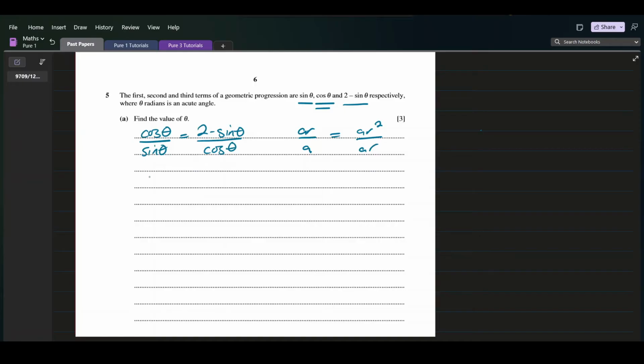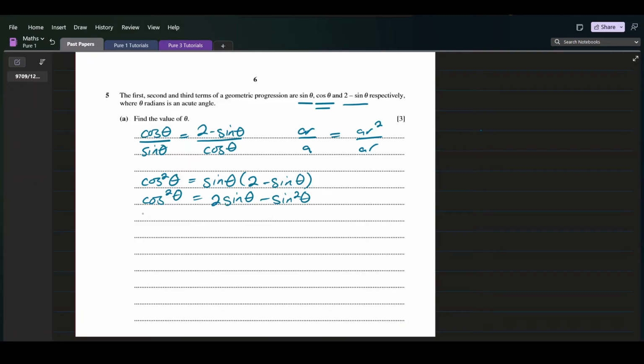And then now let's cross multiply. You get cos squared theta is equal to sine theta times 2 minus sine theta. And let's expand our bracket on the right hand side. It's 2 sine theta minus sine squared theta.